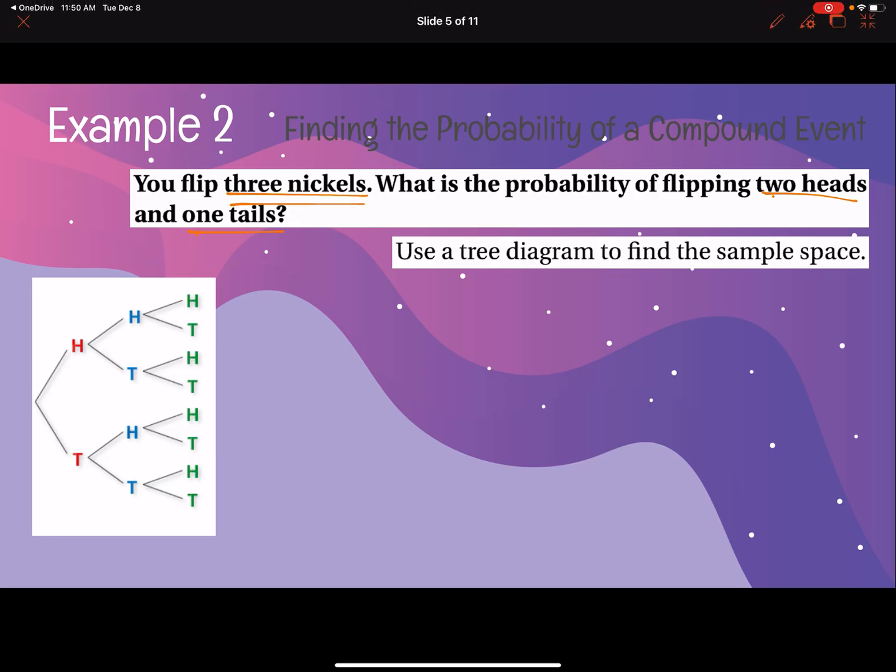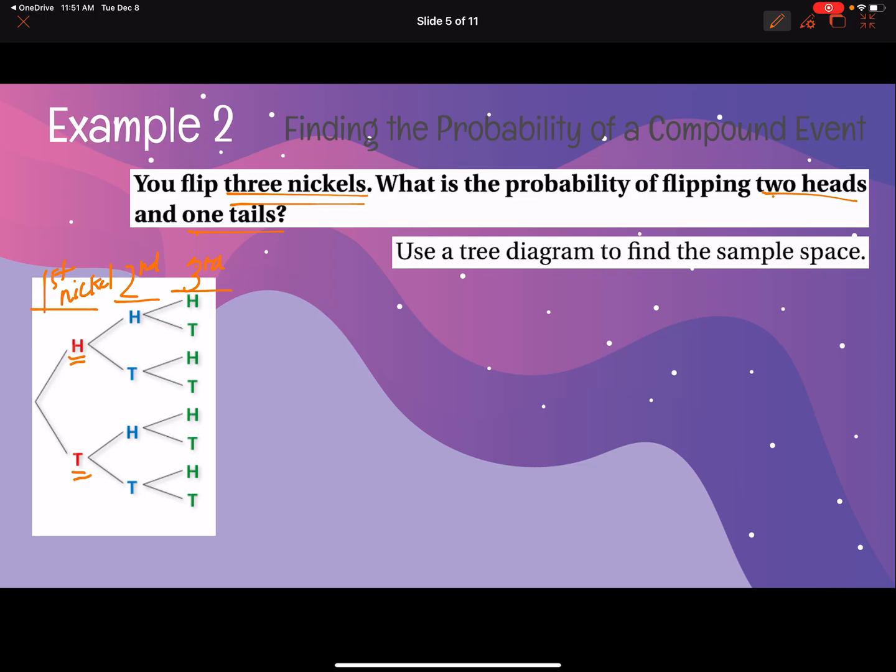So if we come over here, we have our head and we have our tail listed. This is for our first nickel. Now for our second nickel and for our third nickel. So for our first nickel, we have the option head and tail.